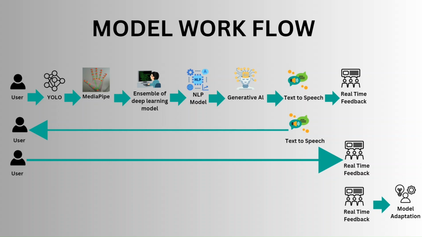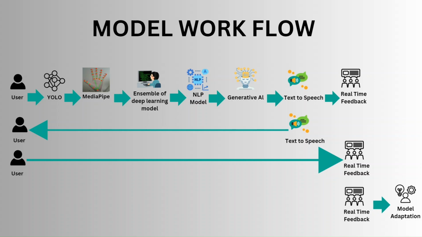This makes the output much more relatable and accurate, ensuring that the communication feels authentic. After model inference, once the gesture is recognized, generative AI can convert them into coherent sentences. For example, individual signs for "I am" and "hungry" can be transformed into the sentence "I am hungry," making communication smoother and more natural.